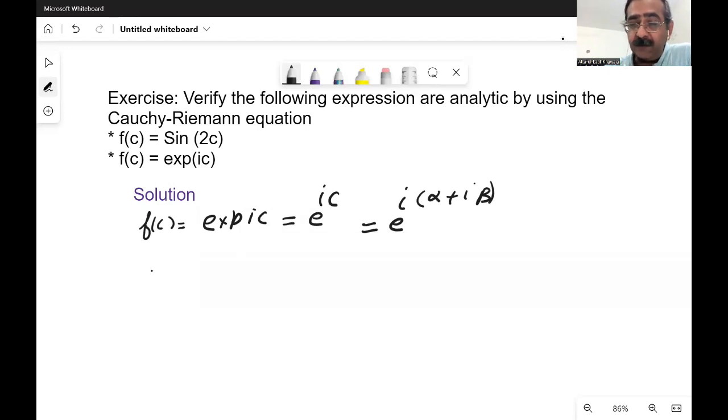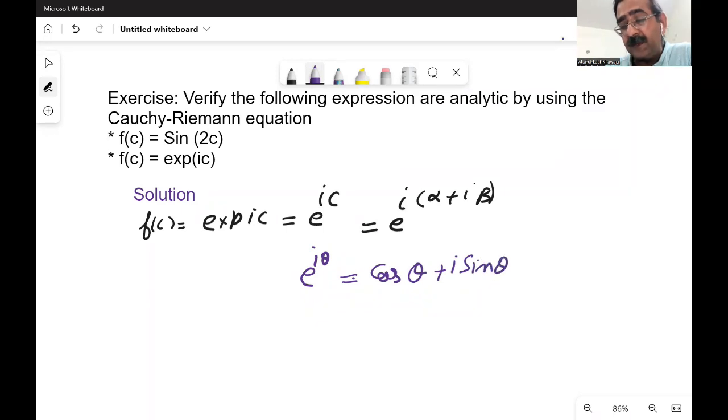As we know, e to the i theta is equal to cos theta plus i sin theta.